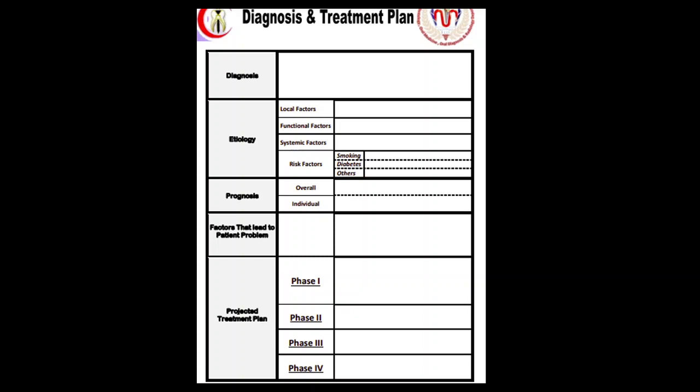So we have periodontitis, and the entire mouth is affected by only gingivitis. So here we can find localized chronic periodontitis with generalized gingivitis. But we cannot find generalized gingivitis with generalized periodontitis because the periodontitis includes gingivitis.